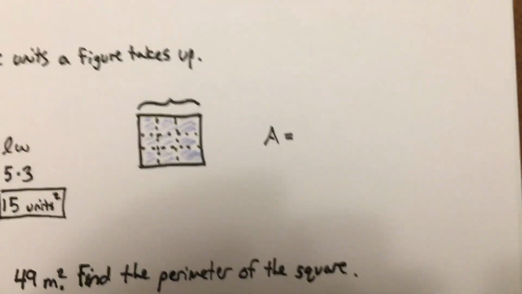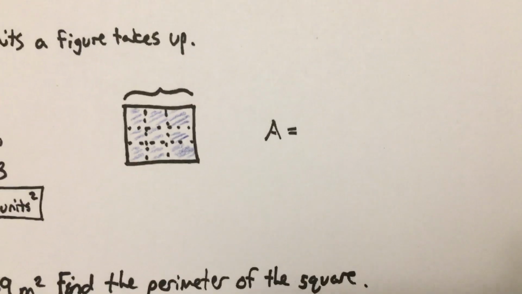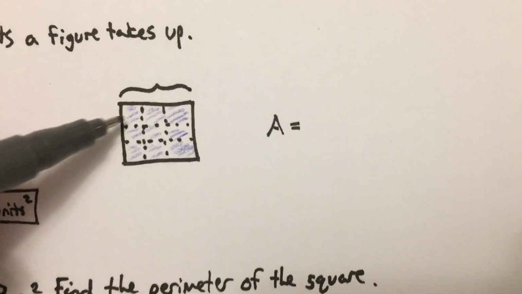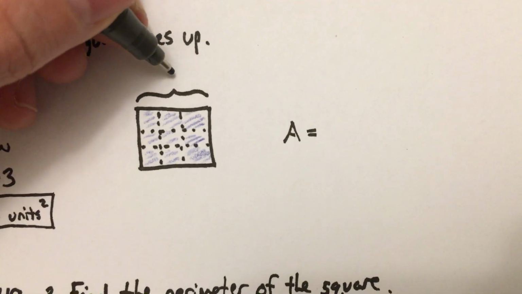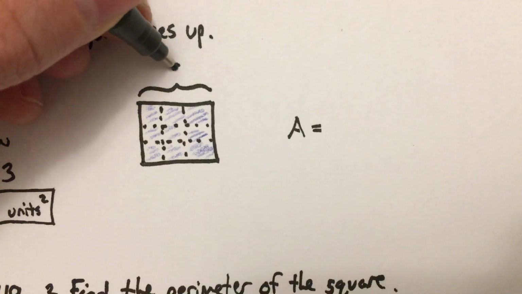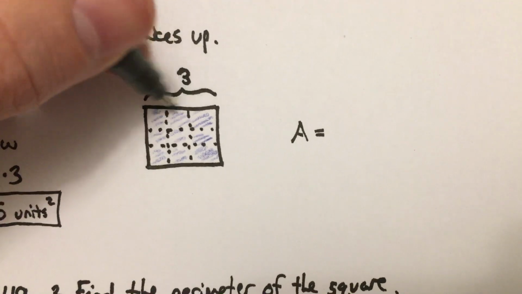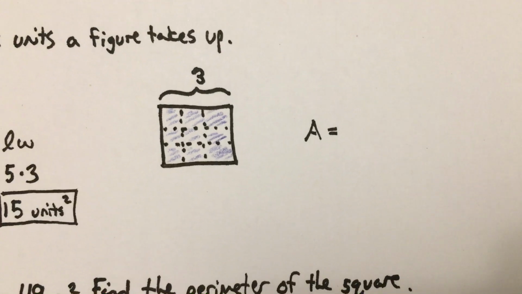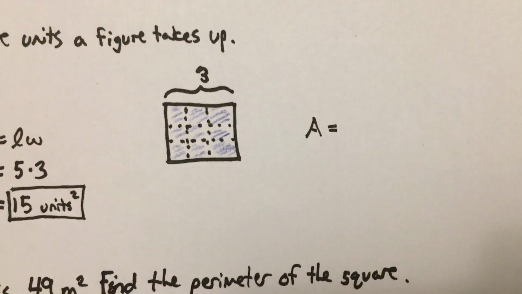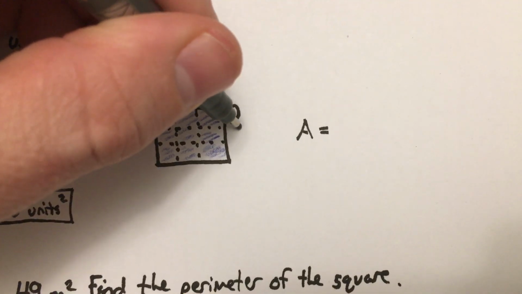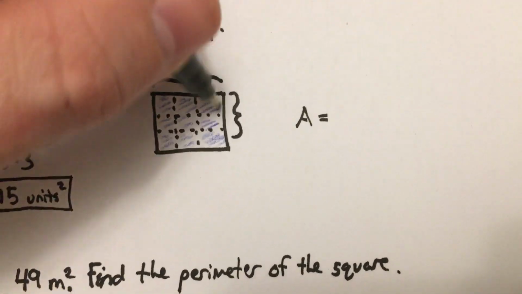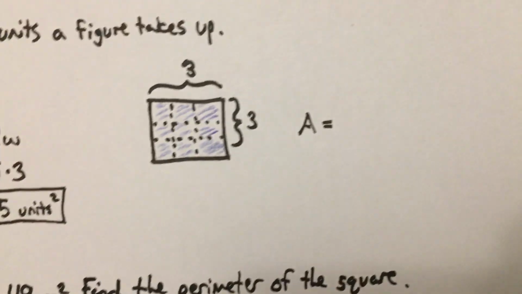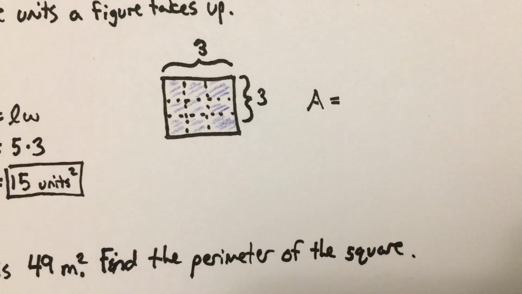Now if we look at the next example, we've got an example of a square. So if the side length of our square is s, we would just count the number of blocks across, which would be 3 units. Well, if you remember, the width or the length of the column would also be 3 units as well.